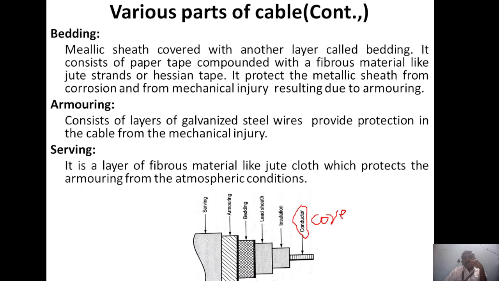The second part is insulation, where any one material is used, such as cross-linked polyethylene, paper or PVC. Next part, lead sheath. After lead sheath you have bedding. After bedding, armoring. After armoring, the outer layer is serving. Each part has its own usage. We'll see one by one.